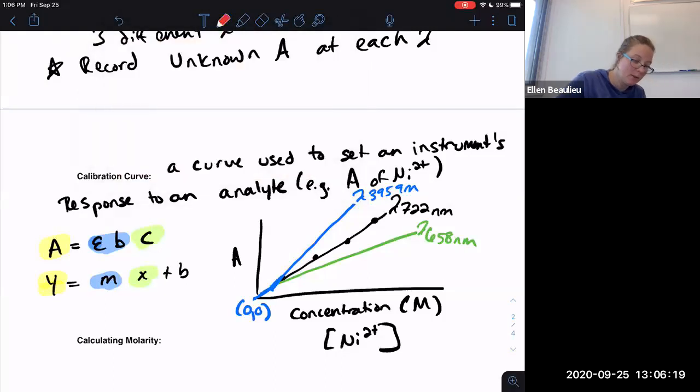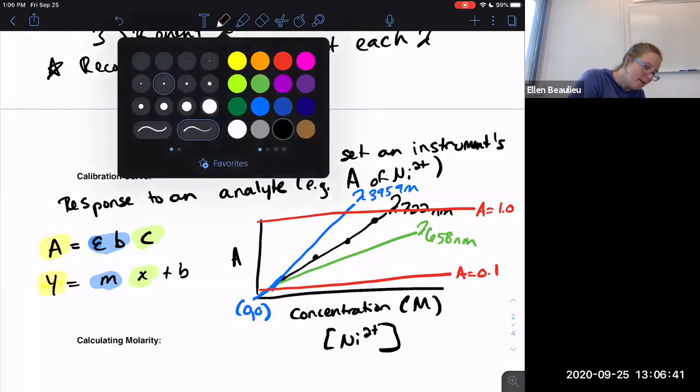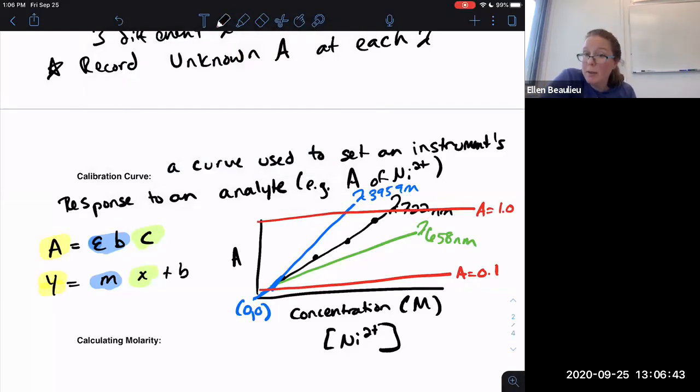I was not perfect. The other thing you're going to be plotting on your graph is a horizontal line at absorbance equal to 0.1 and a horizontal line at absorbance equal to 1.0. These are some boundaries. We do not want you to plot data that is below 0.1 absorbance or above 1.0 absorbance.